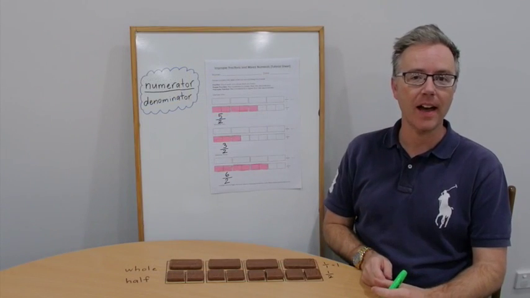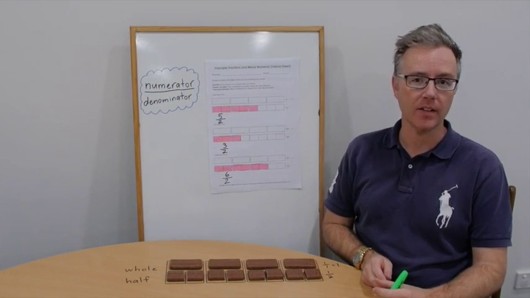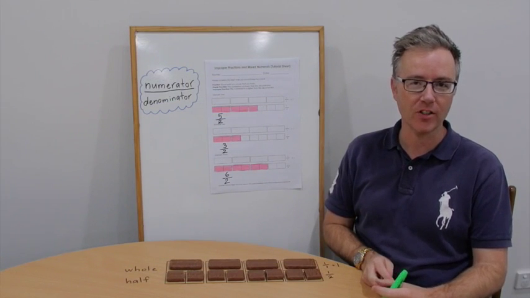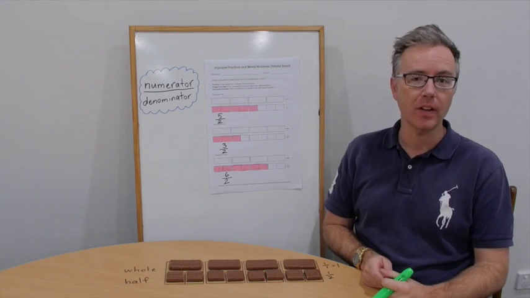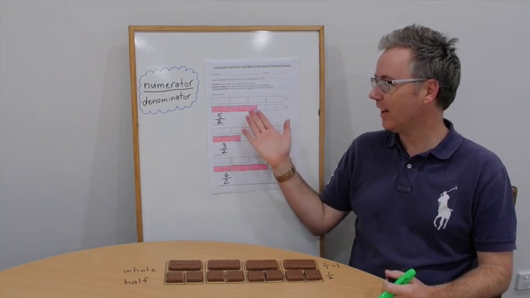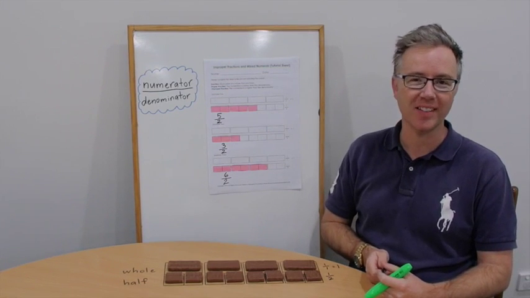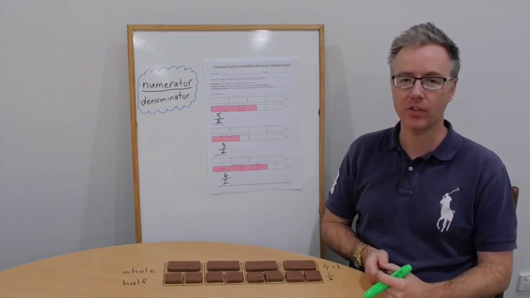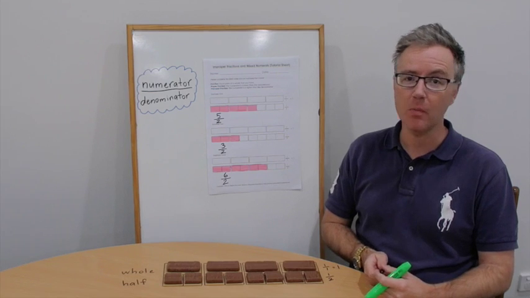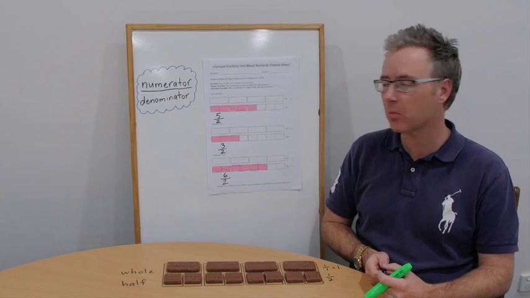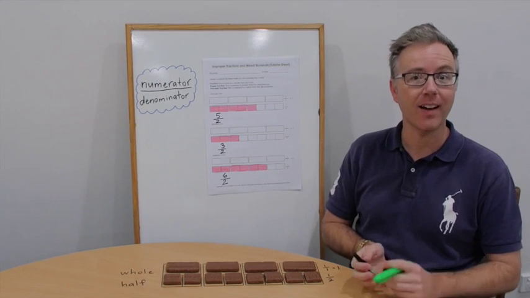So now that we have looked at 3 examples of improper fractions, let's see if we can see any pattern. Using our diagram and our concrete material, let's see if we can see a pattern that might help us to convert these improper fractions into mixed numerals. The first example is 5 halves.